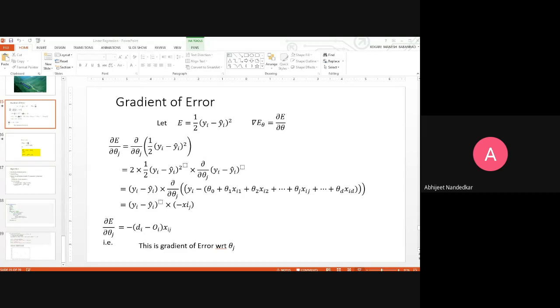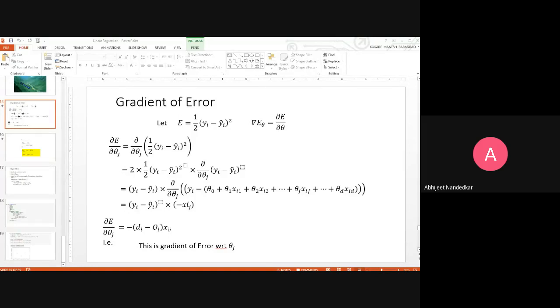If you take the first row and multiply with this column, you will get y1. If you take the second row and multiply with this column, you will get y2, then y3 and so on up to yn.